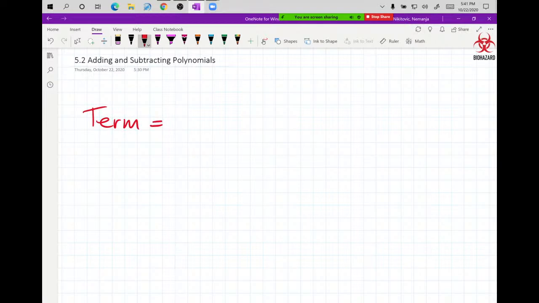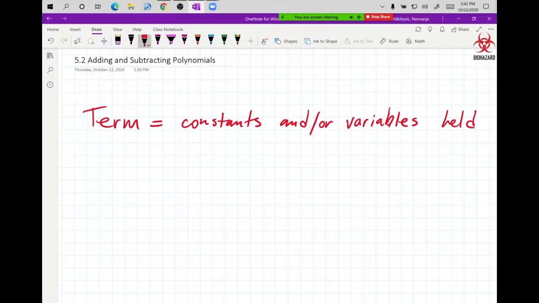And term is described as a unity of constants and/or variables held together by multiplication or division.